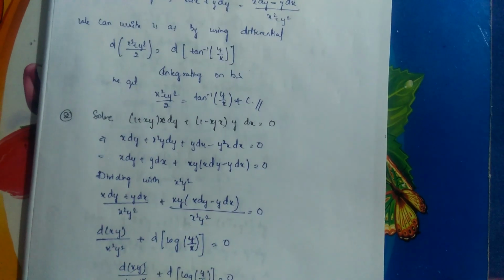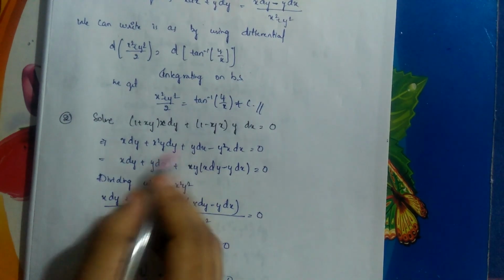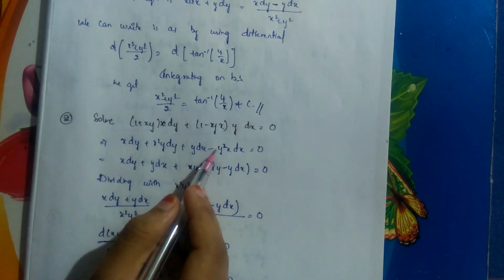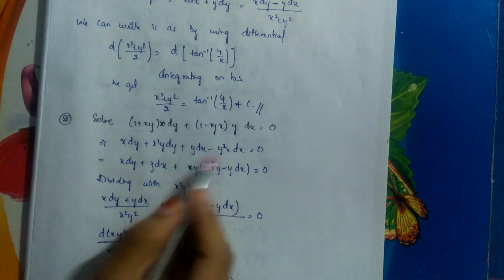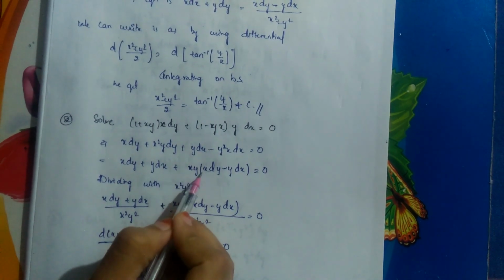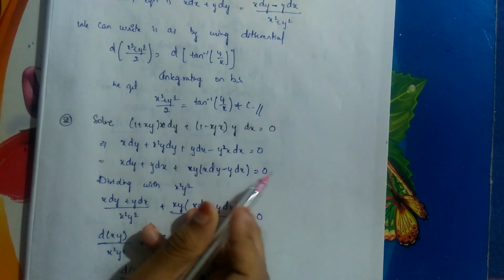So from here, write x dy plus y dx on one side, and then x square y dy minus y square x dx. From both of these we can take xy common. So xy into (x dy minus y dx) is equal to 0.